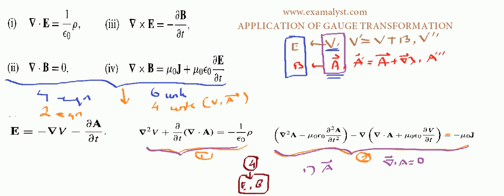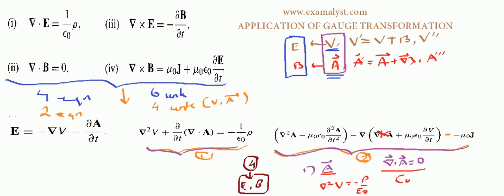He said that if we do this, the first equation becomes del square V equals minus rho by epsilon naught, and the second equation will not become that much smaller, but at least it will become a bit smaller because this term will vanish. Agreed?